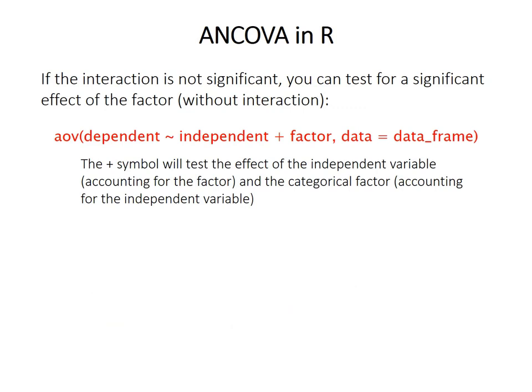So remember, if the interaction is not significant, which wasn't the case here, but if it's not, you can then test whether the factor is significant, where that would indicate a significant difference in the intercepts of the lines. So that's done by including both the continuous independent variable and the factor variable as additive terms in the function, so use the plus sign, not the multiplication sign like from the last slide.